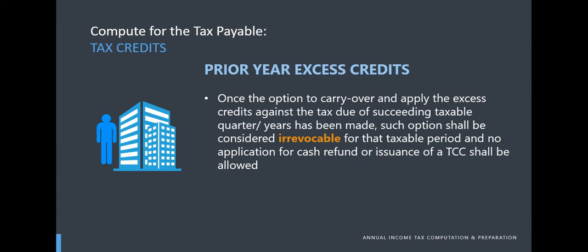So whatever the taxpayer chooses as an option, whether refund, issuance, or carry over, it is already irrevocable. So if the taxpayer wants to apply for cash refund, then it is for cash refund. He cannot carry over the amount to the succeeding period. The same applies to the issuance of ATCC.